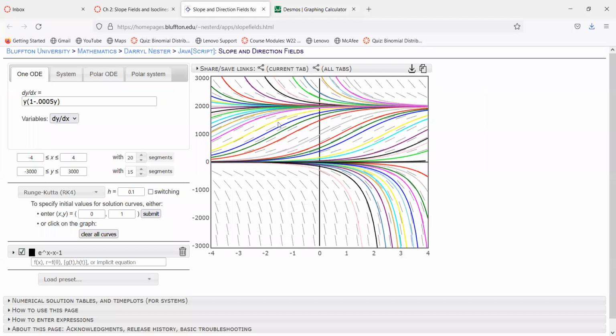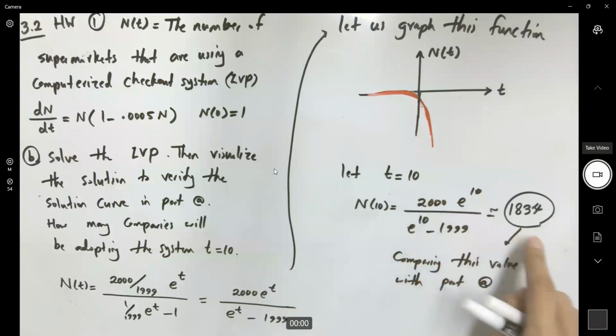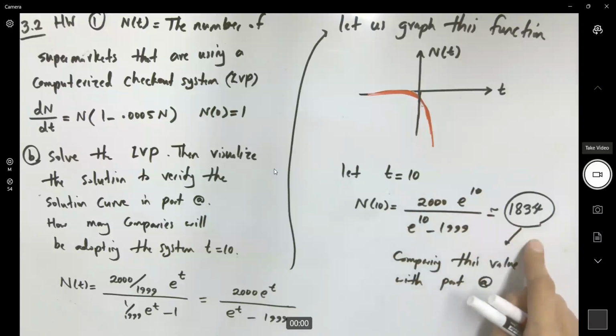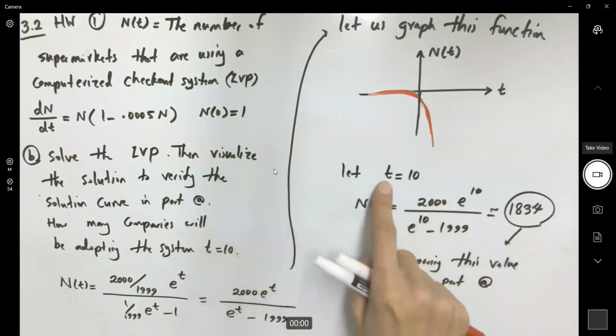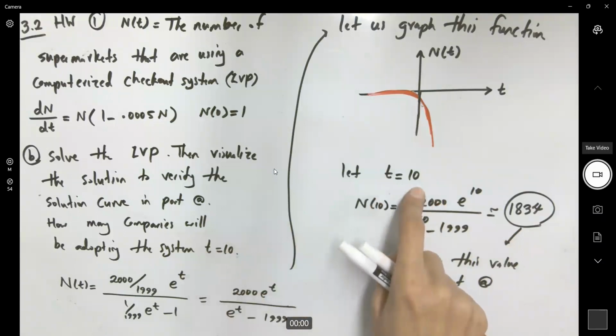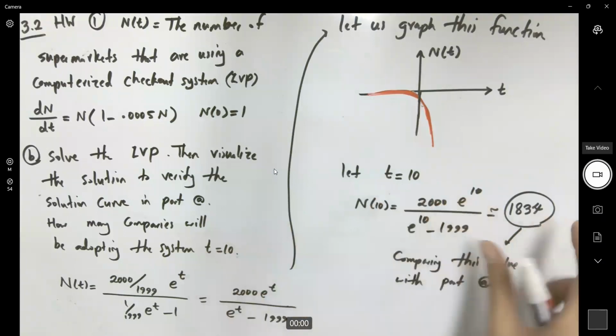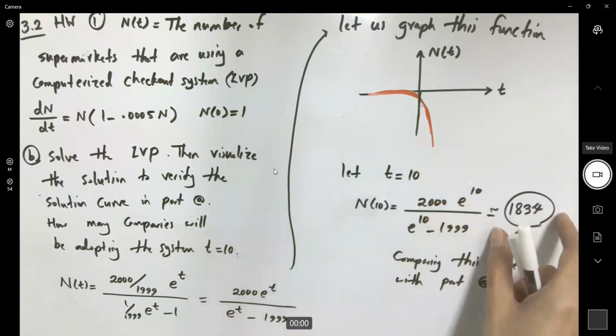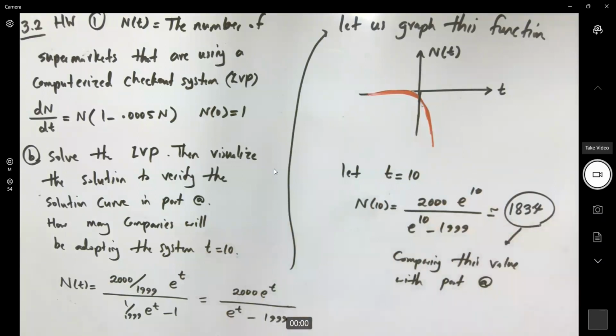This is your slope field. We expect that as t goes to infinity, n gets closer and closer to 2,000. So the number that we got is pretty close. After 10, we have 1,834 companies. So if you increase t to be 100 and more, then your number is getting closer and closer to 2,000.